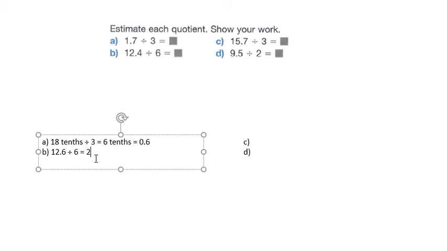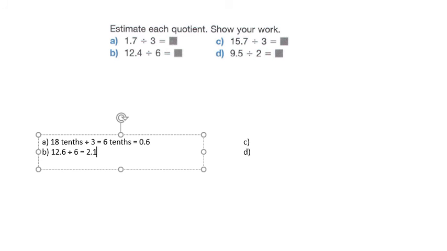I could round the decimal 4 up to decimal 6. So now this is like saying, I'm not going to make groups of 6. How about if I make 6 groups? So I have 12.6 and I have 6 groups. We've already done the 12 divided by 6. We can put 2 into every one of those 6 groups. Now I have these 6 tenths. If I have 6 tenths and I have 6 groups, I could put 1 additional tenth into every group.